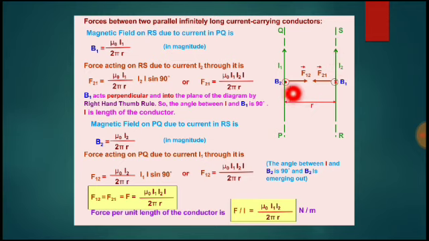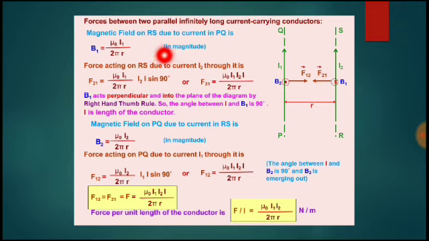The magnetic field experienced by this conductor is B2 due to this current. At the same time, this conductor experiences magnetic field B1 due to the current I2. This conductor experiences force F12 due to the second conductor, and the second conductor experiences a force F21 due to the first conductor.